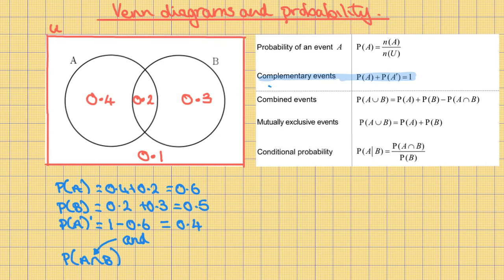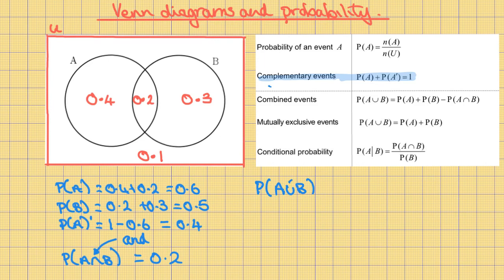So that is everything that is in circle A and in circle B. And if you look at the diagram, this is this little bit. So it is equal to 0.2.